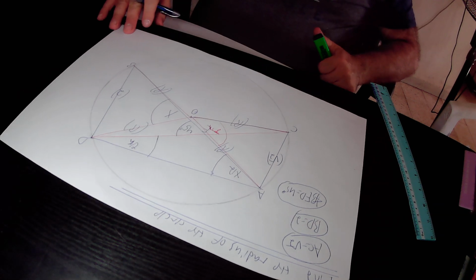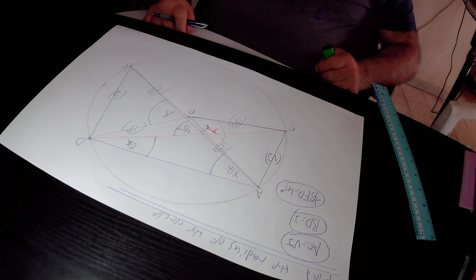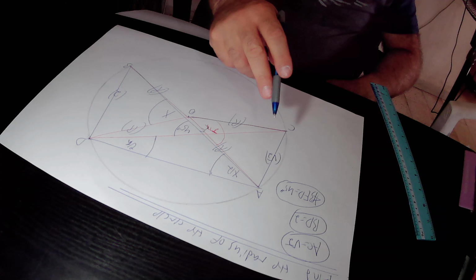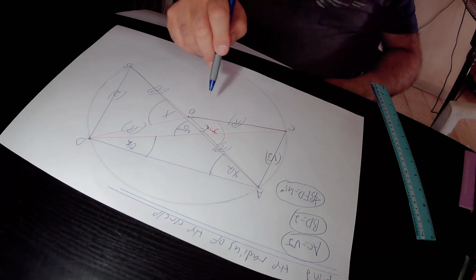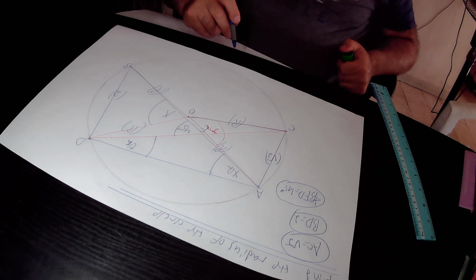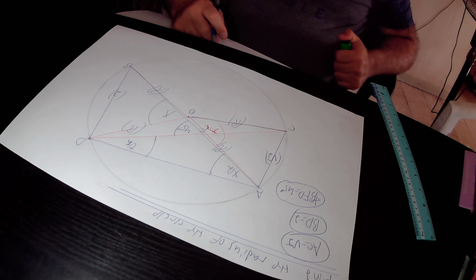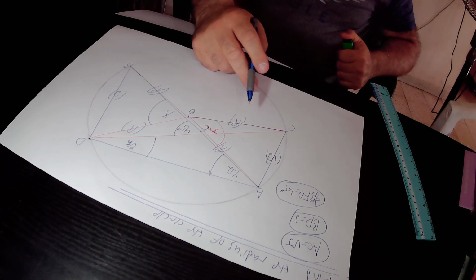In the next step, I'll copy this right triangle ACO in the new page, and we'll implement the law of cosines in this triangle ACO.